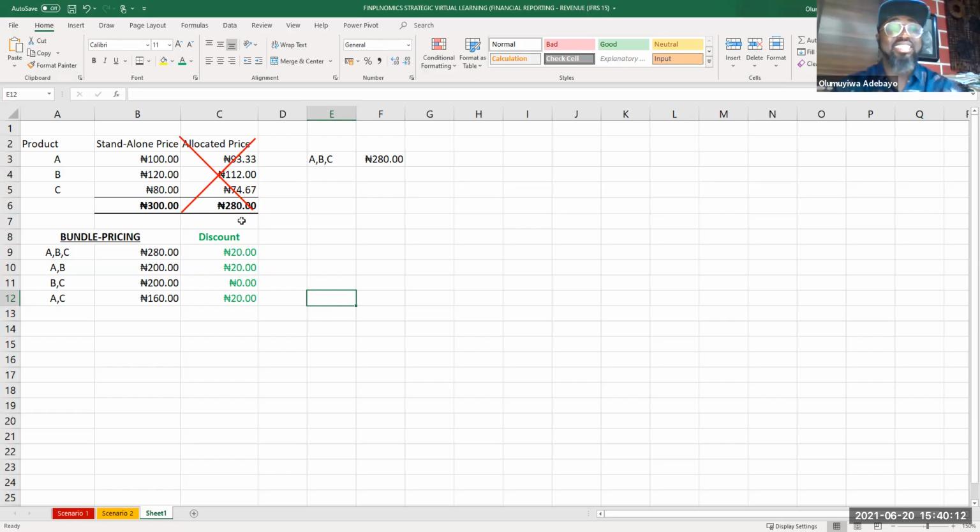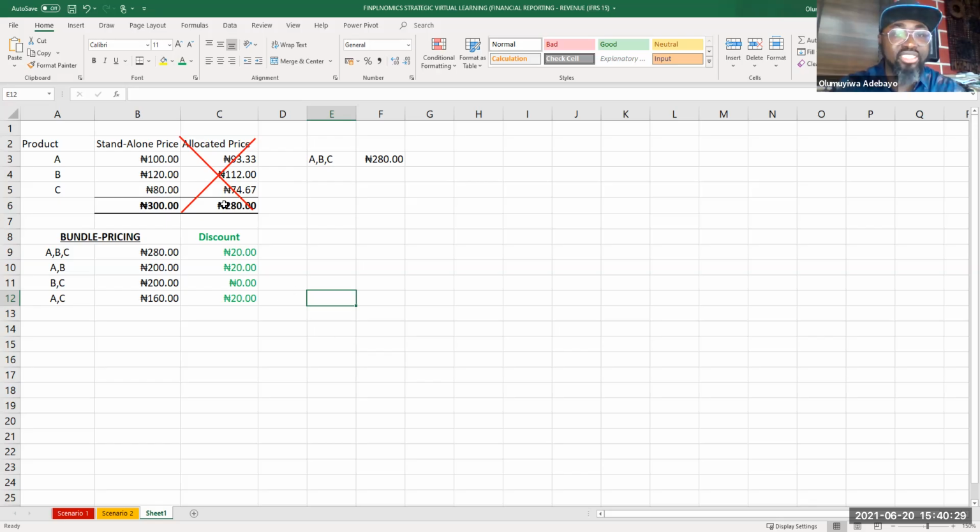It then means that in this case, if you are to allocate, you simply say the 20 discount is only to incentivize purchase of product A, along with any other product.